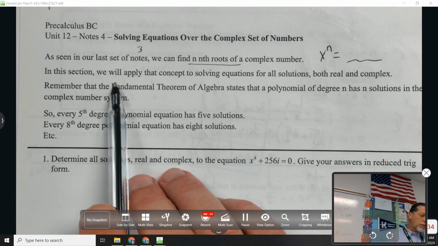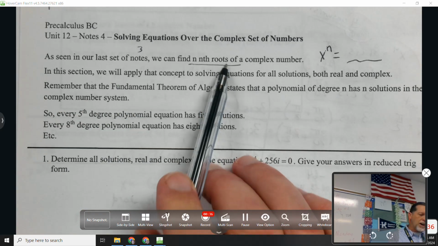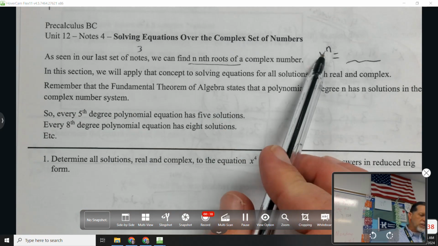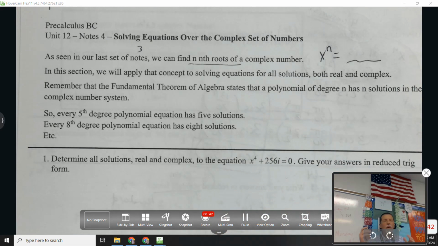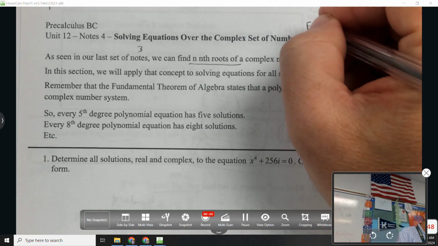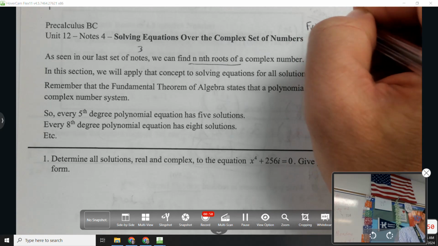So in this section we will apply that concept, the roots concept, to solving equations for all solutions, both real and complex. The process is exactly the same as what we did on Friday, but Friday we said find nth roots.